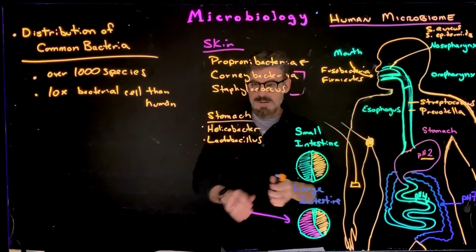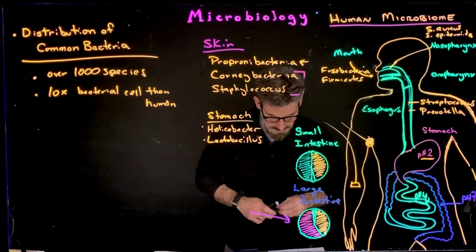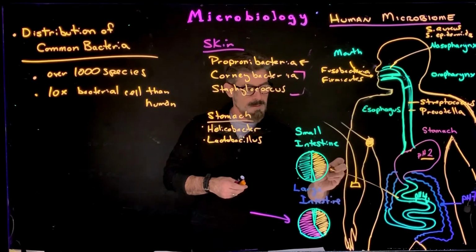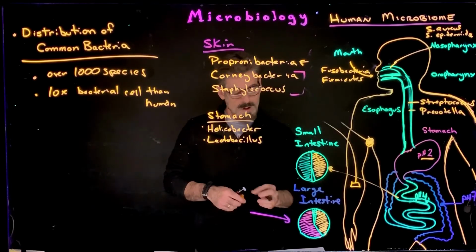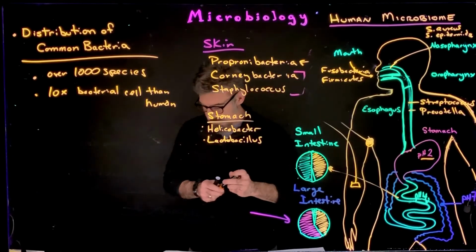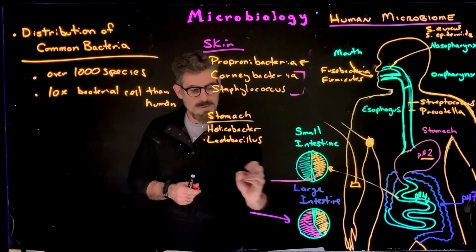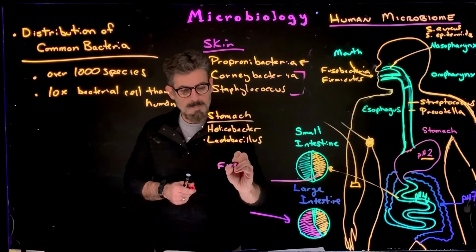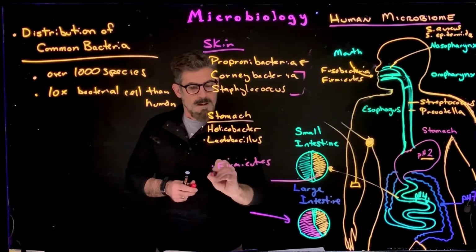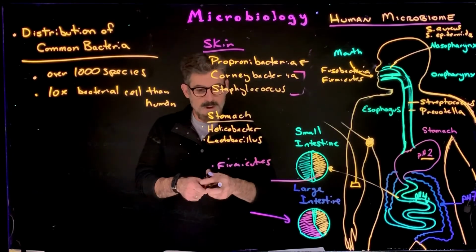Okay, so stomach, we have the very acidic environment with these guys here. As we enter the small intestine, what we're going to see is there are really two main groups of organisms that we're going to find. We're going to see Firmicutes, a gram-positive bacteria group. And then we're also going to see a lot of different types of proteobacteria.